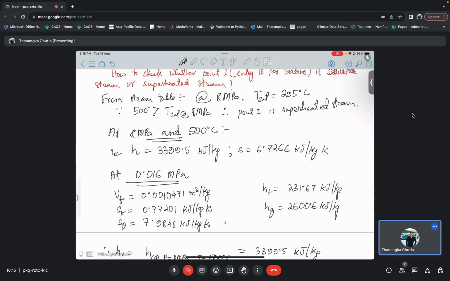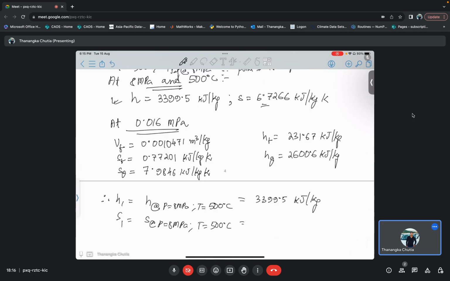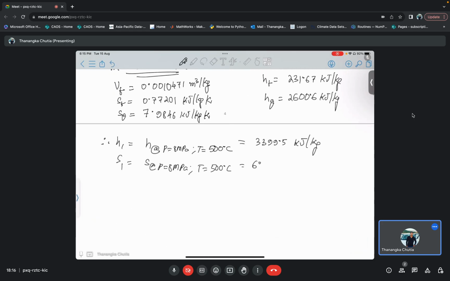Similarly my S1 will be S at P equal to 8 megapascal and T equal to 500 degrees Celsius, that is 6.7266 kilojoule per kg Kelvin.